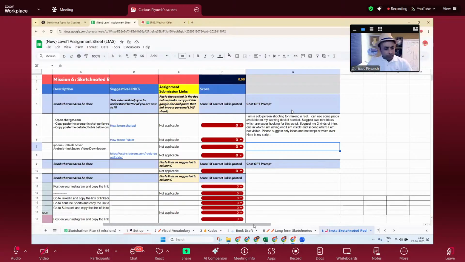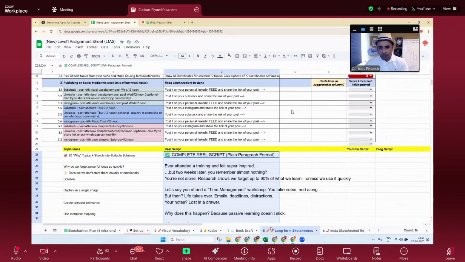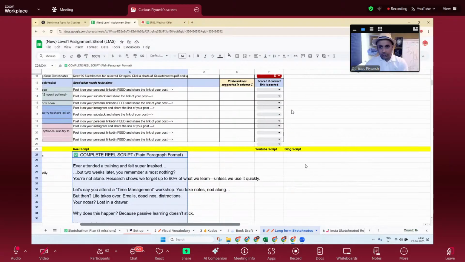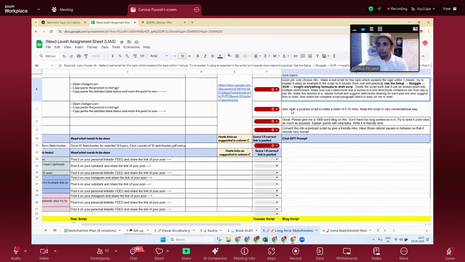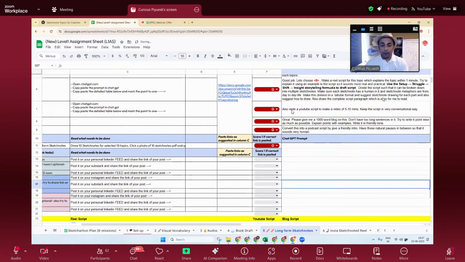Of course, the storytelling part is there, and the prompts which I have already told you take care of the whole story format. One thing I have changed, maybe you also want to change: I've added one sentence here. Use the setup, struggle, shift storytelling formula to draft the script. You can add this formula as well, then your reels will have this kind of script also.